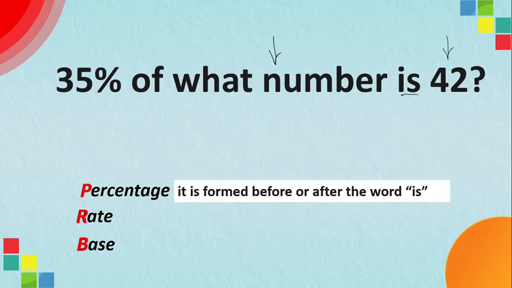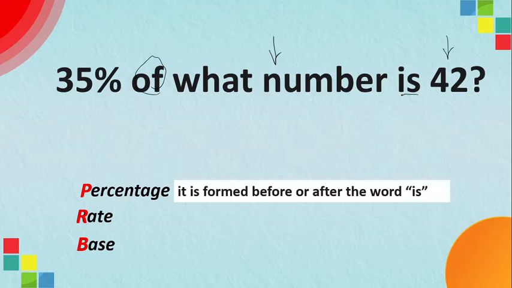Remember that in identifying percentage, rate, and base in a given word problem, we should always consider all elements according to the given clues or definitions. Since "what number" comes after the word "of", "what number" may be named as another element.